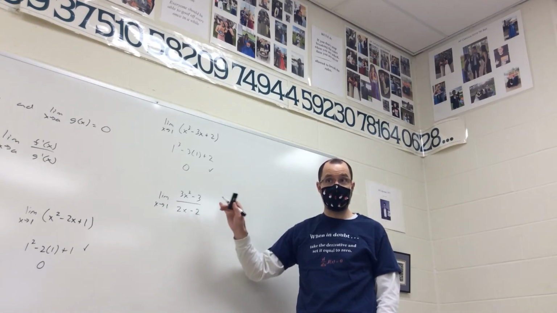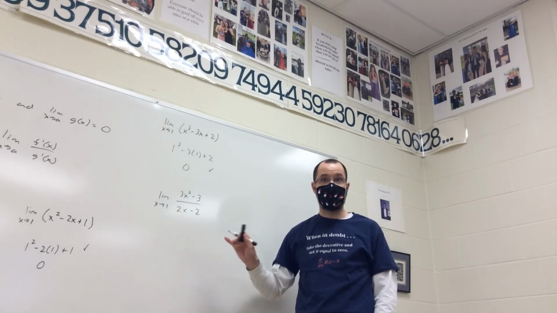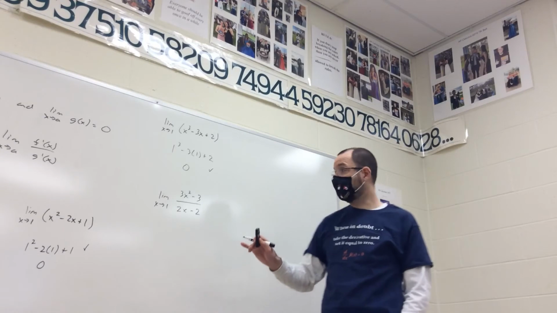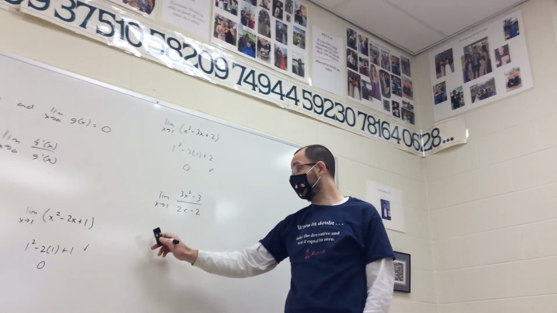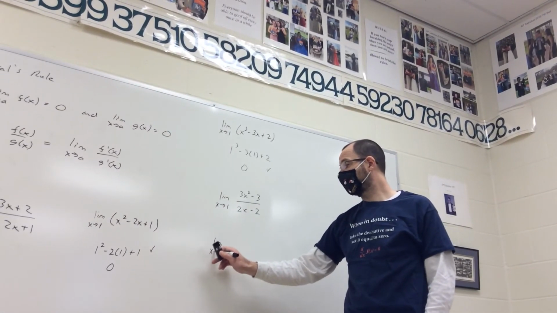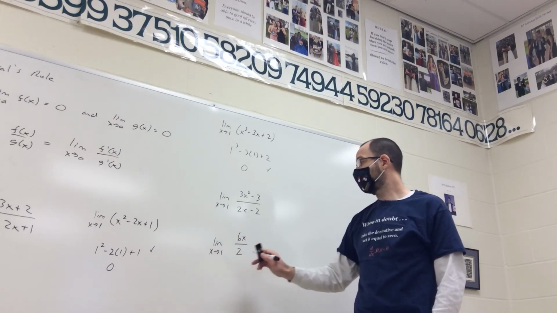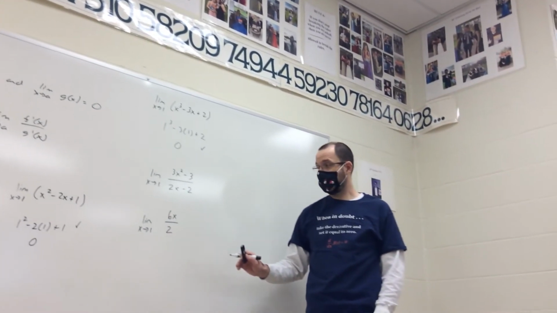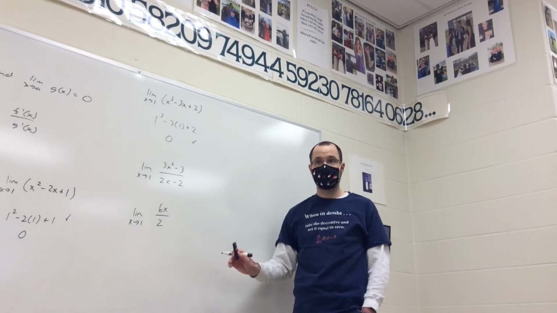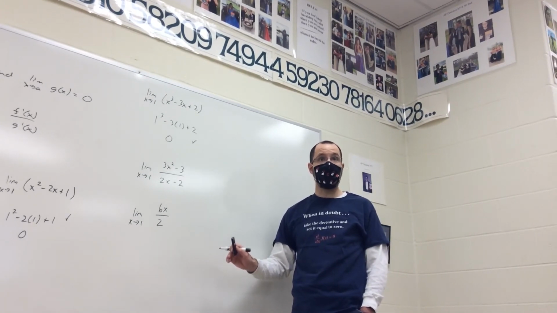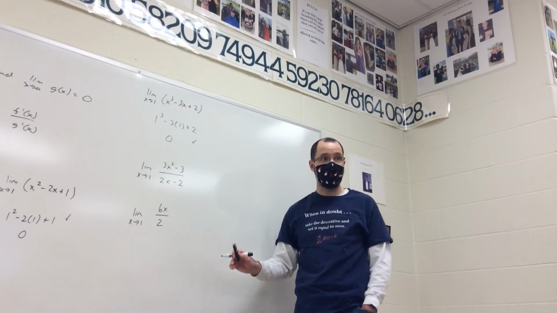Because the limit of the top is 0 and the limit of the bottom is 0. So that means that we could do L'Hopital's rule again. So that means this limit is the same as this limit. And then finally, limit laws will work.